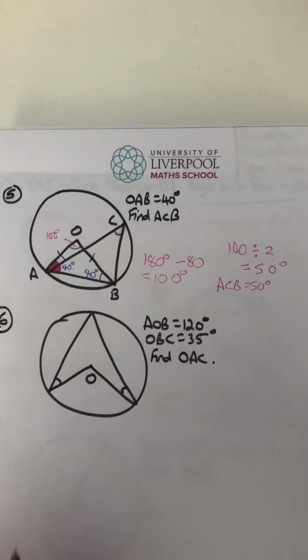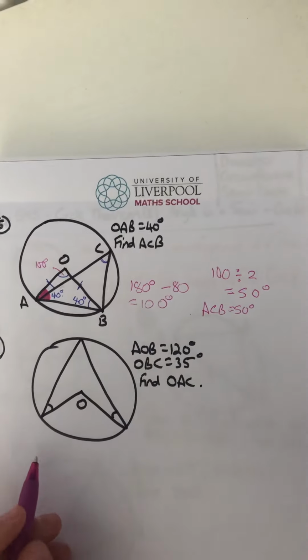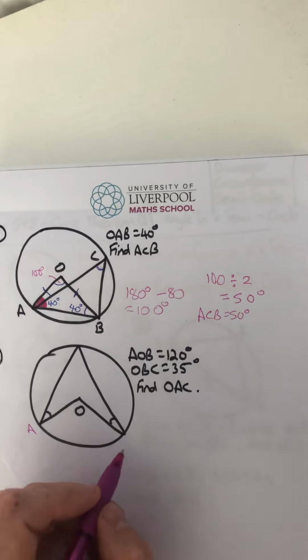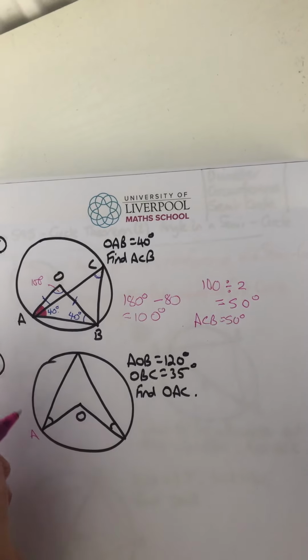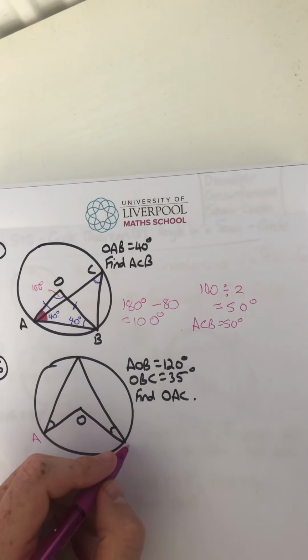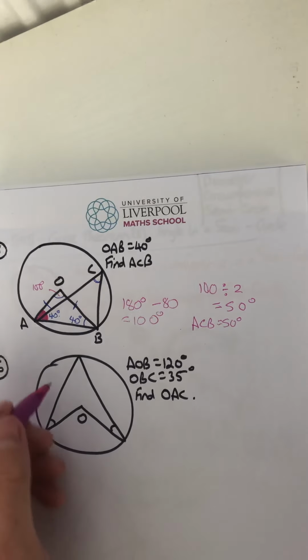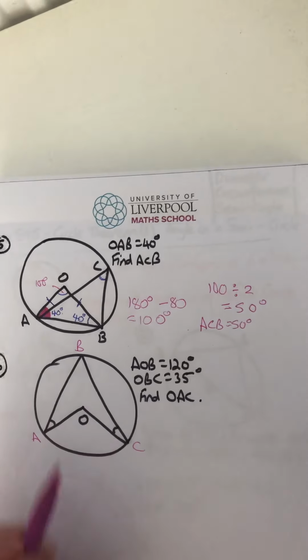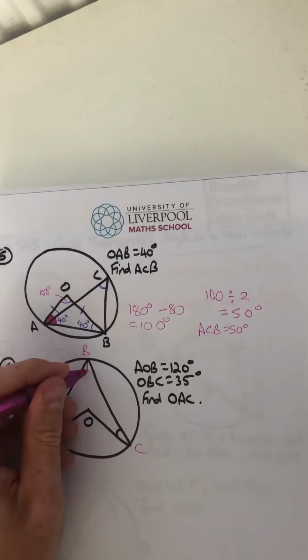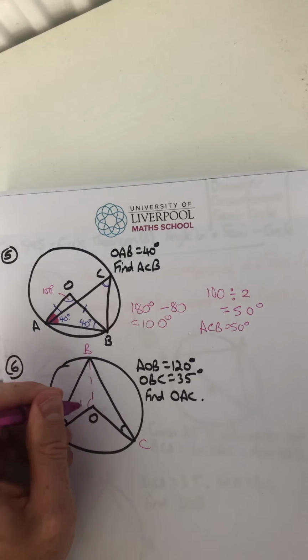Right, number 6. So AOB is 120. So I've got to put in a dotted line there. That's 120.